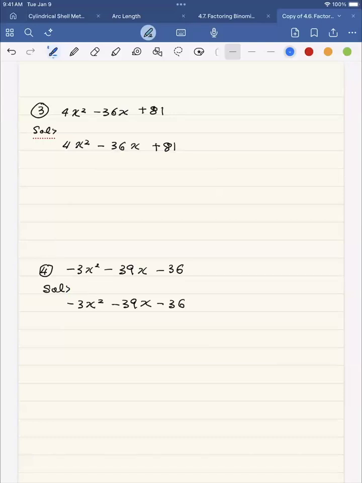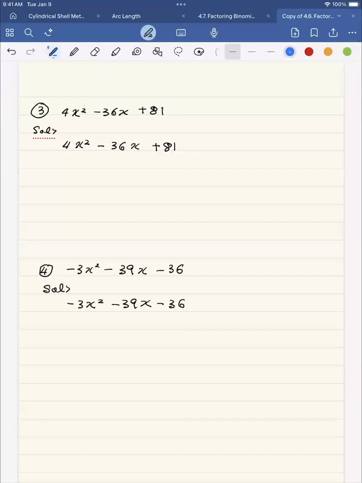Next problem is 4x squared minus 36x plus 81. Again, 4, negative 36, and 81 don't have a common factor.